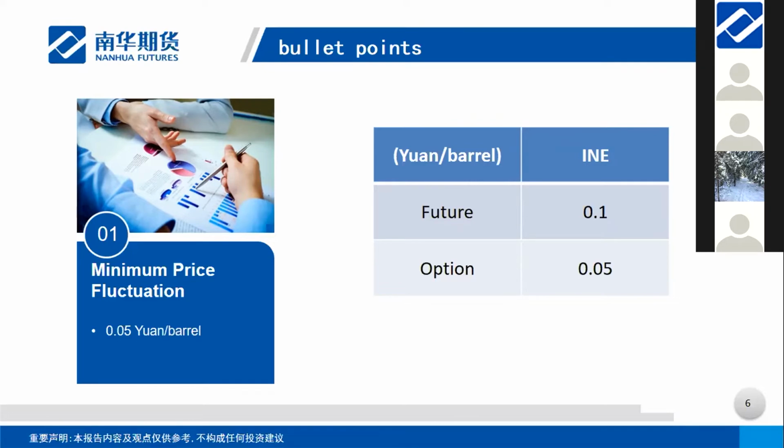While half of the SC contract's is 0.1 yuan per barrel. So it is special for investors. If investors want to trade or hedge using the option with a futures contract, it is a special point that needs to be taken into consideration.